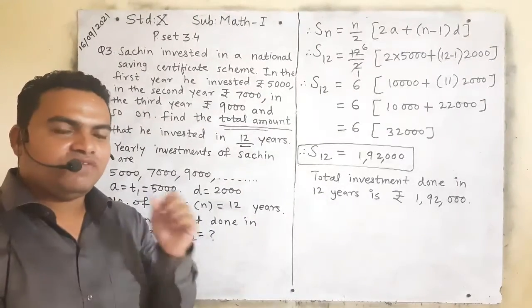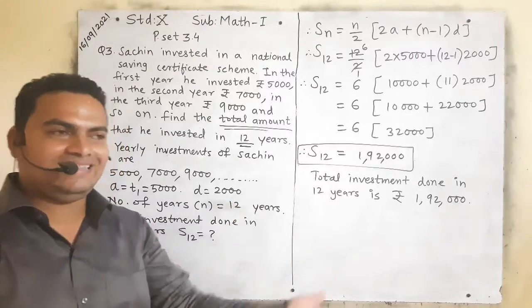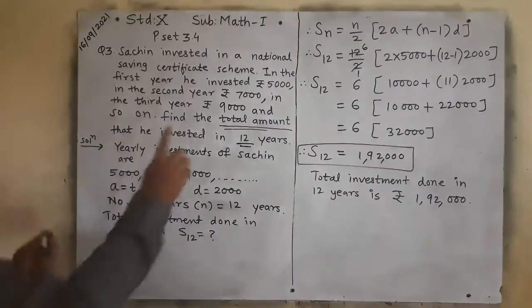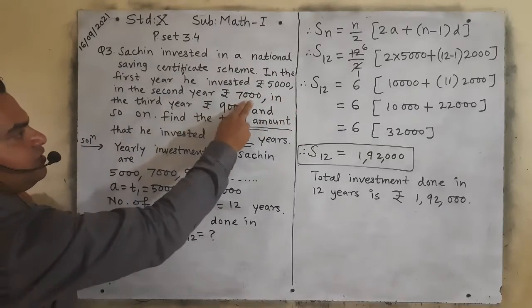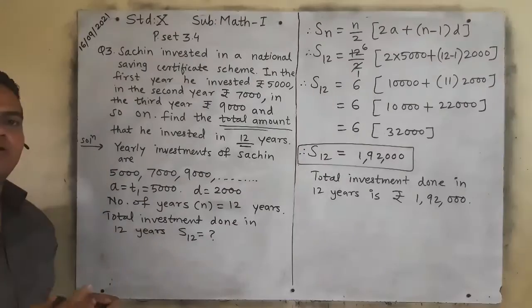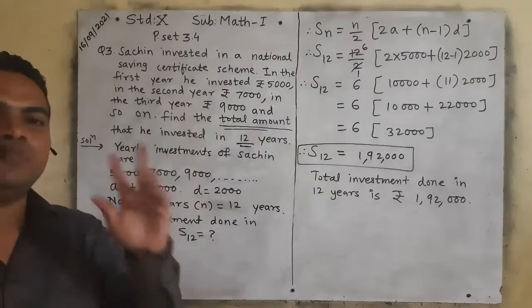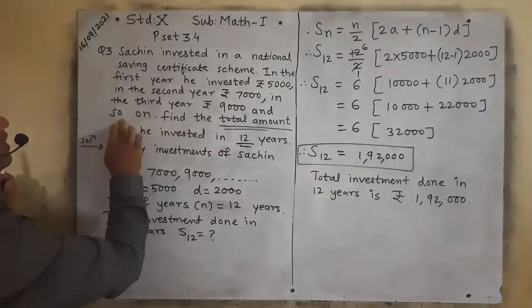Are you getting me? First year 5,000, second year 7,000, third year 9,000. It means there will be a difference of rupees 2,000 in each investment. Difference is 2,000, and so on.